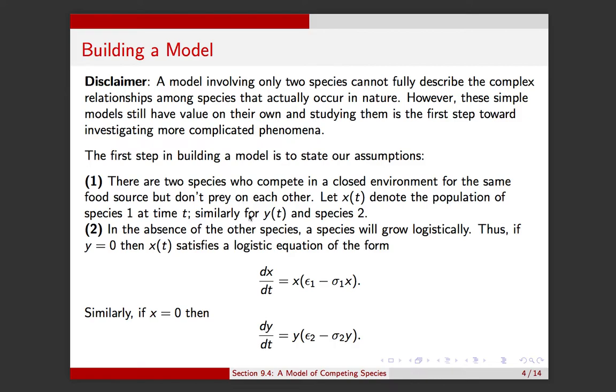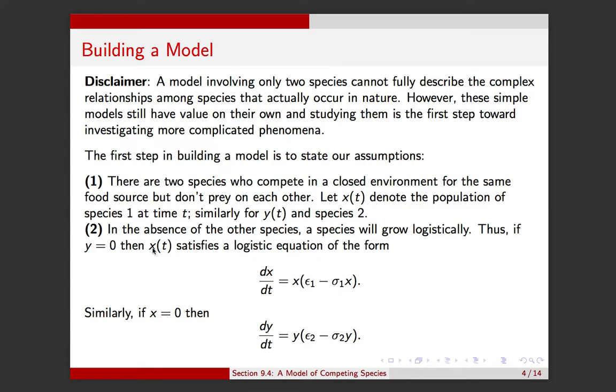Here's our first main assumption. In the absence of the other species, a given species will grow logistically. So if Y equals 0, so there is nothing from population Y in the system, then the population X of t will grow logistically. And here we see an echo from chapter 2, right?